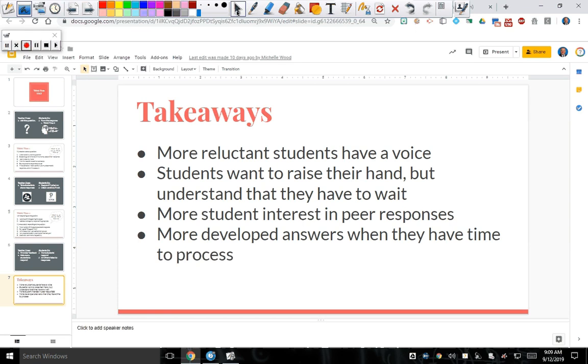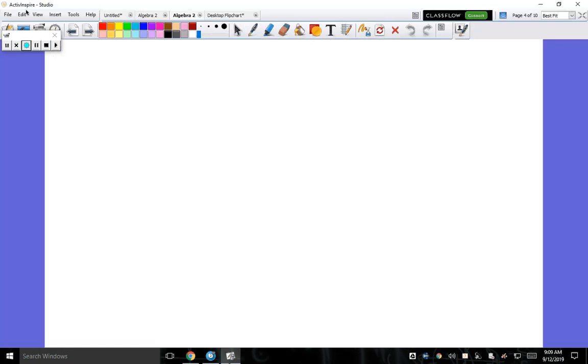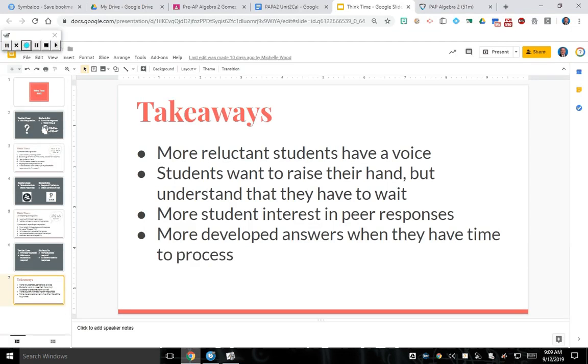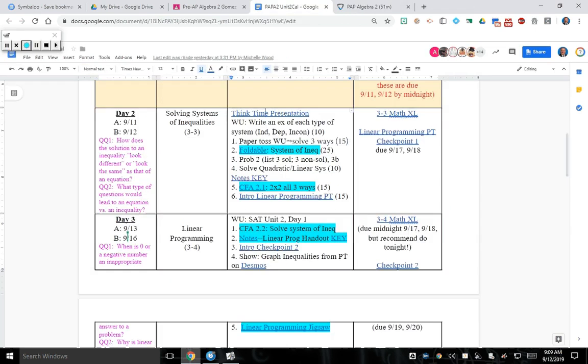You're listening to how your peer understands this. What is it to them in their world? And it could affect your understanding and what it is in your world. More developed answers is the key when they have time to process. So it's not just being quiet and being respectful. It's also listening and learning from those responses.